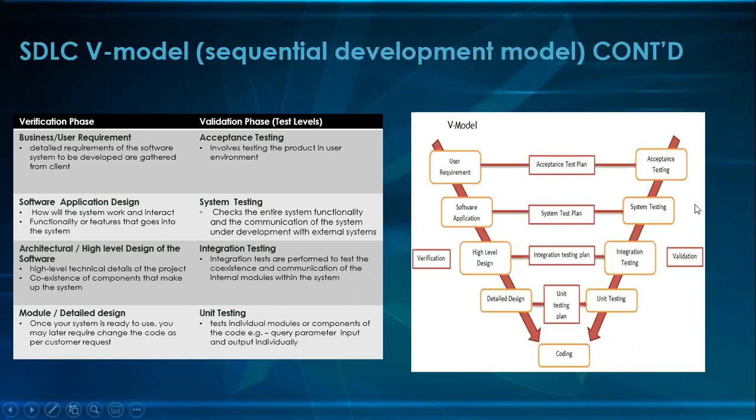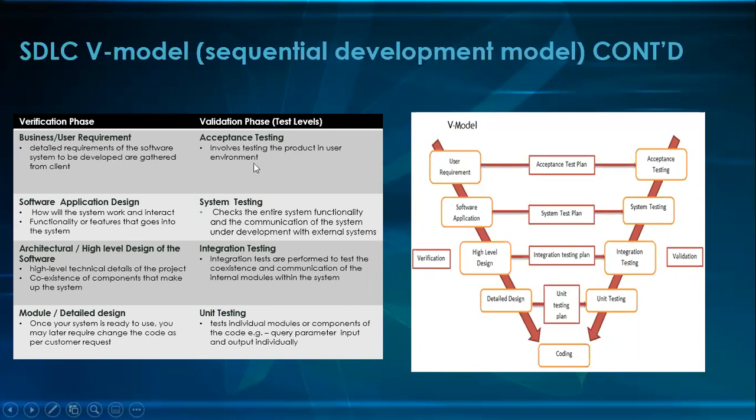So then the next thing is we talked about each of the phases, the verification phase and validation phase, which I explained, just the key things that happen there. Those are just the bullet points, like the user acceptance, the business and user requirements. So detailed requirements of the software system to be developed are gathered from the client.